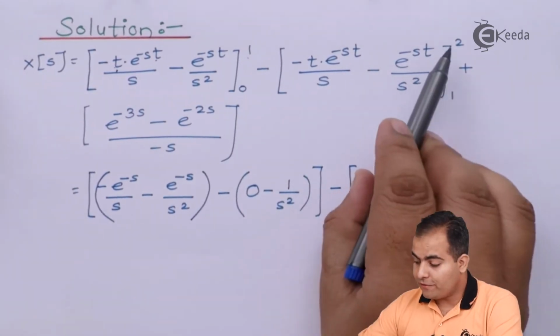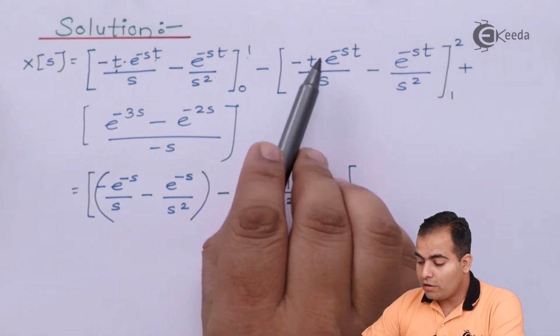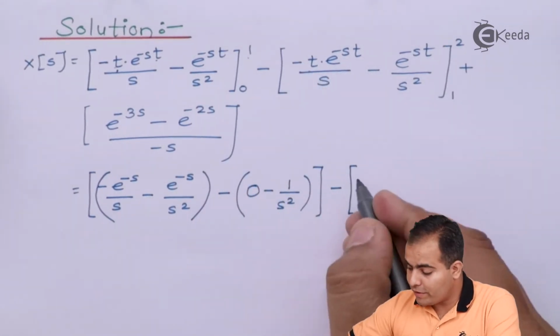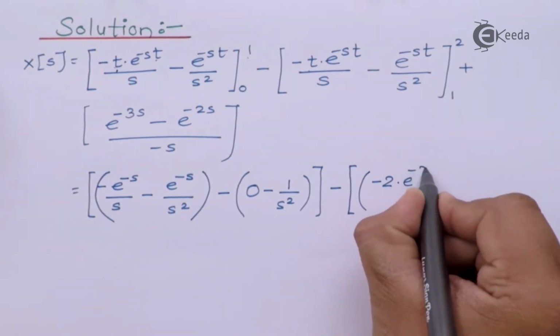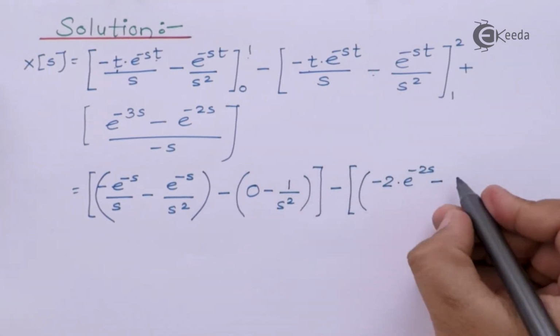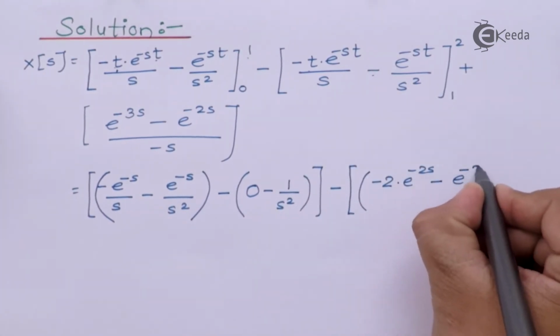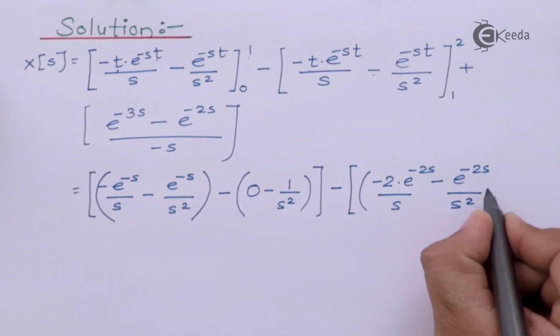Now we will do the same thing in the next block. Look at here. In the first part, first of all, we will substitute the upper limit, which is 2. Now all this t will be replaced by 2. So what you will get? Minus 2 e to the power minus 2s minus, which is this sign, e to the power minus 2s, and in denominator we have s and s square.